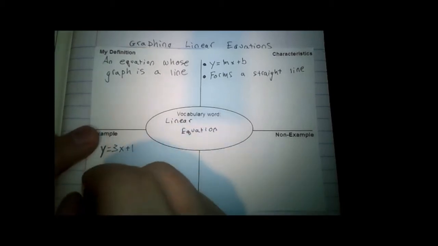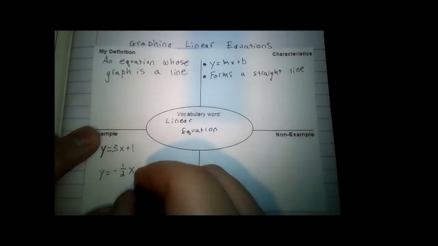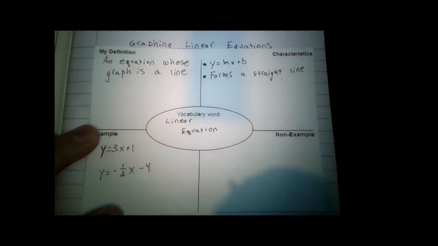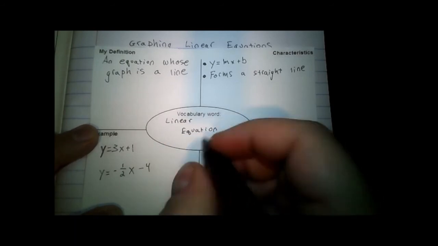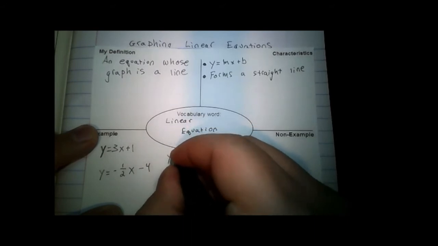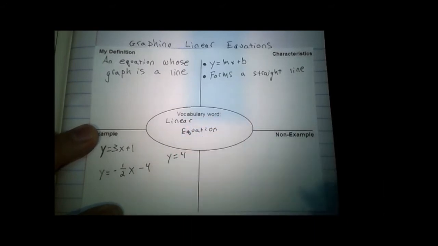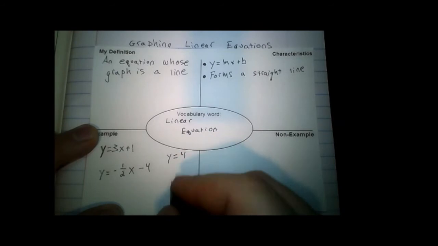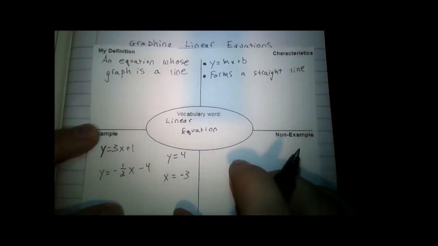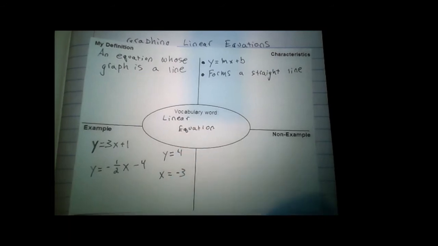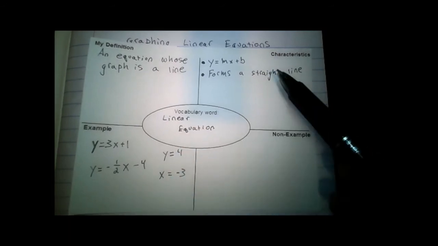Another example: y equals negative 1/2 x minus 4. Another example is if you just had a line like y equals 4, or maybe x equals negative 3. And when we start to graph these lines, you'll notice that all of them are going to be a straight line.